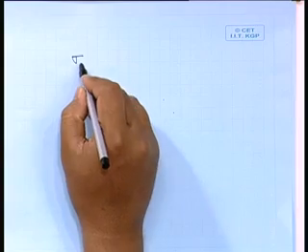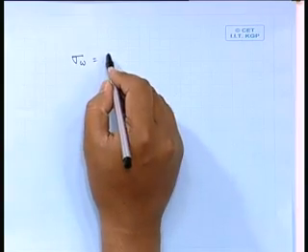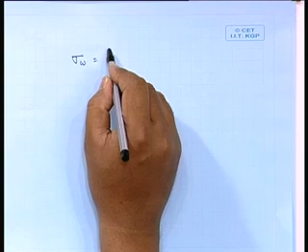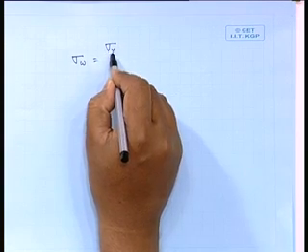Now, the factor of safety is, we say sigma working or sigma allowable, that is sigma divided by Fs.